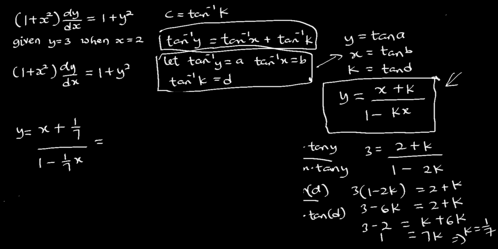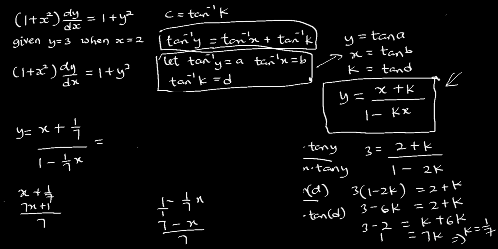The common denominator will be 7, so you're going to have 7x plus 1 over 7. And for the denominator, you're going to have 1 minus 1 over 7x, so you're going to have 7 minus x over 7.